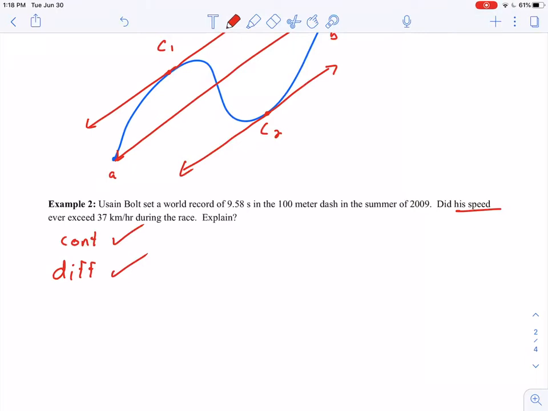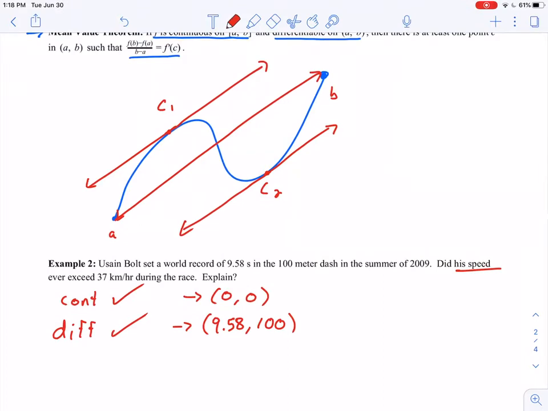So Usain Bolt started at 0, and he ended up at 9.58 seconds. He had traveled 100 meters. So what I'm going to do is look at the average rate of change between these two points, because essentially these are the endpoints. He started over here at 0, and he ended up at 9.58, 100.